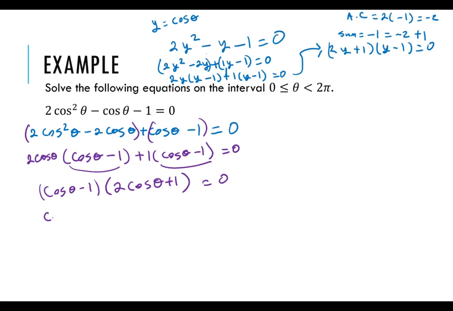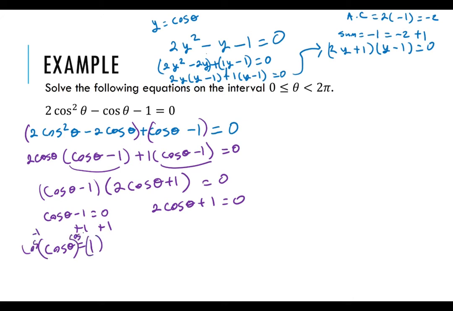Then we can use the zero product property. That's going to be cosine of theta minus 1 is equal to 0, or 2 cosine of theta plus 1 is equal to 0. So add 1, cosine of theta is equal to 1. For what angles? Then we can, of course, take cosine inverse of both sides.